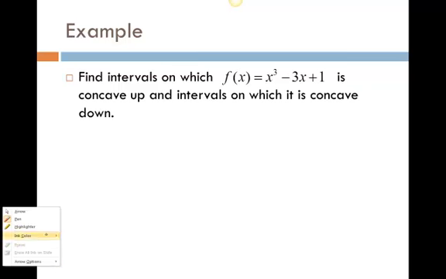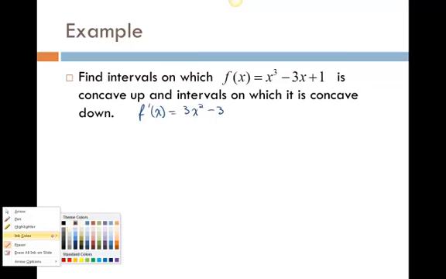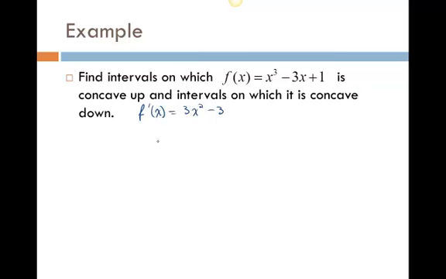We're going to do the same thing we did with the first derivative, except we're going to do it with the second derivative. So we know that the first derivative is 3x squared minus 3. But the second derivative is just 6x.